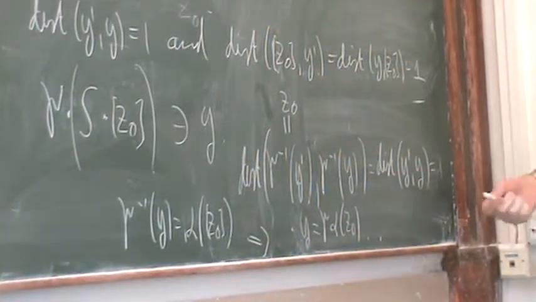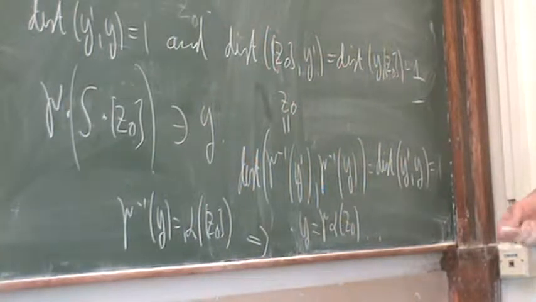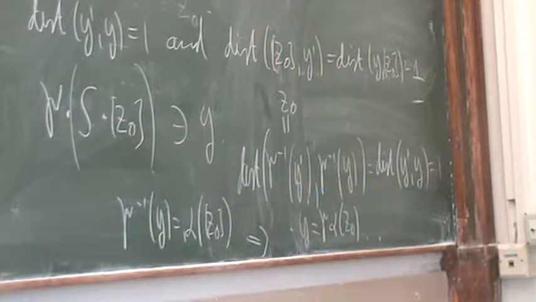It's a contradiction, because we assumed that y is not obtained by an element. In fact, you even see that there is a unique such alpha.